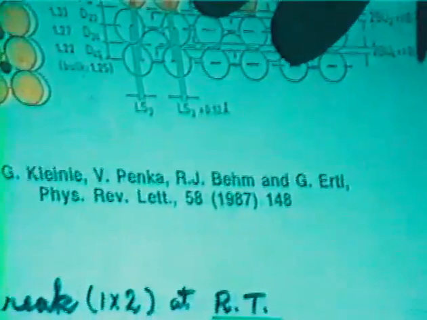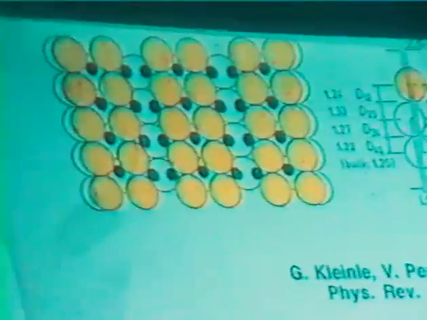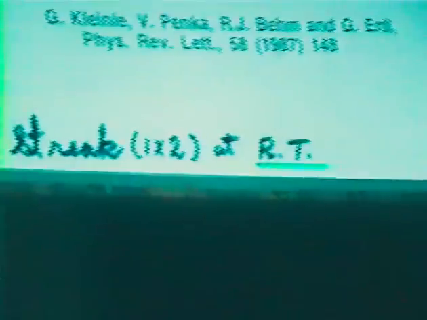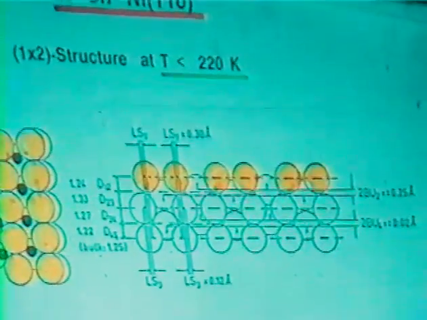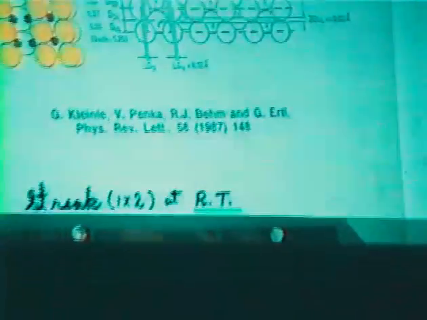However, with room temperature adsorption on the same surface, we can observe the 3x1 LEED pattern. The low temperature structure is reversible: by removing hydrogen, the surface goes back to the 1x1 structure. However, at room temperature this is irreversible. So it is quite difficult to understand what kind of difference exists between low temperature and room temperature.